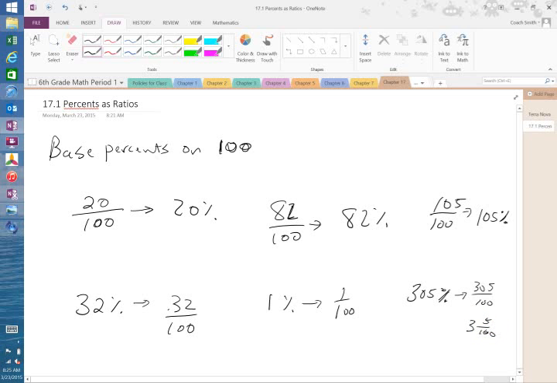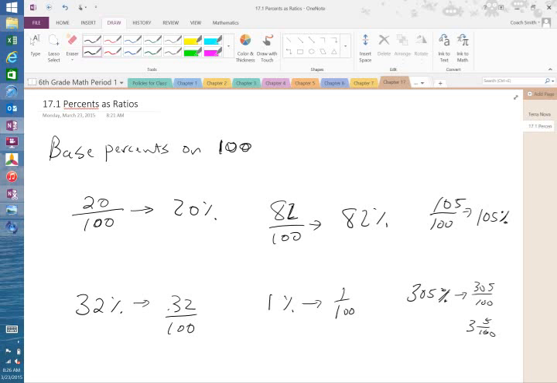Now, in most cases, you're going to need to reduce the fraction or the ratio once you put it in ratio form. For our purposes today, you won't have to do that. They're just going to want you to change one or the other.